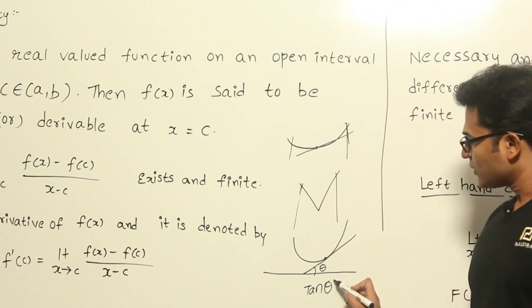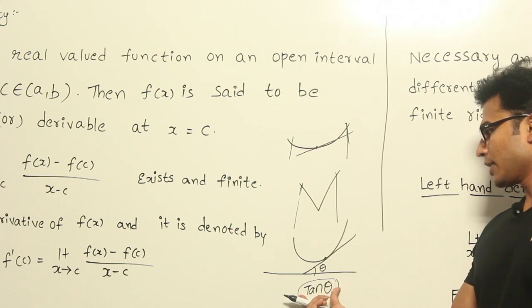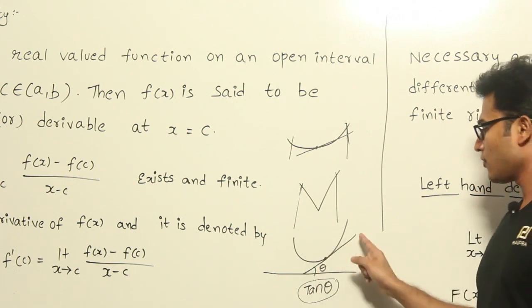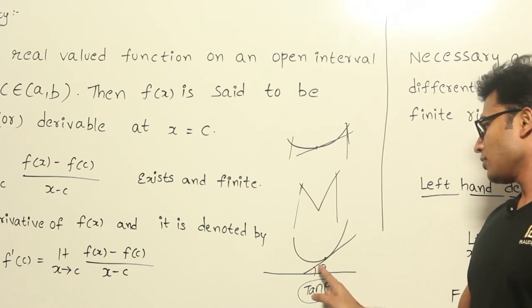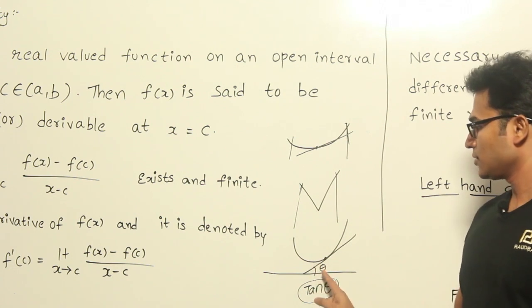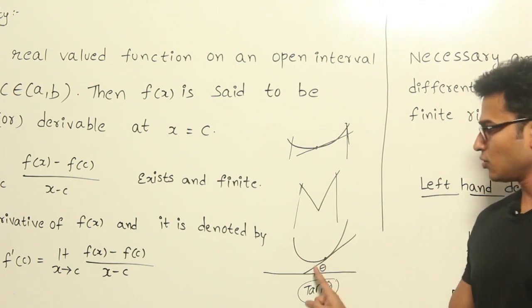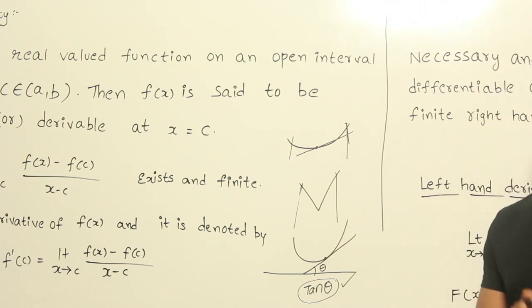This is also called the derivative. So to find the derivative of a function at a given point, draw the tangent and find tan theta, which is the slope. The slope of the tangent is also called the derivative.